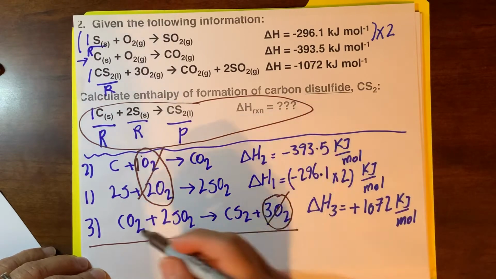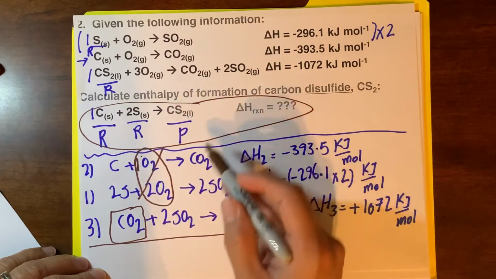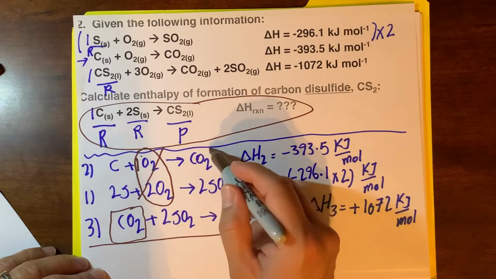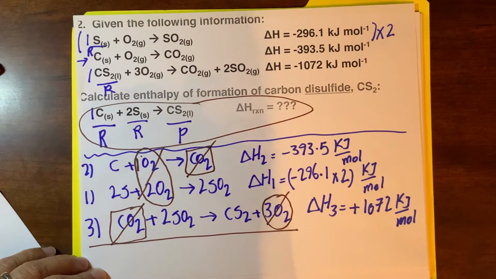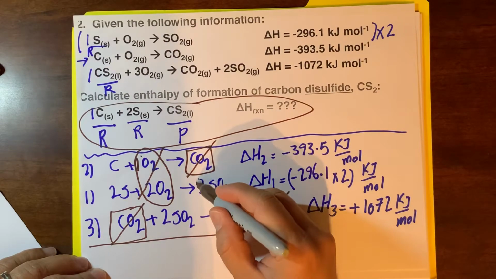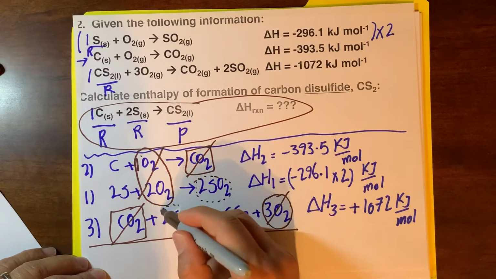How about CO2? I don't have CO2 inside the target reaction, so I should not have it at the end. I have 1 CO2 on the reactant and 1 on the product side. I cross that one out. Okay, what else? I see 2 SO2 here, and 2 SO2 there.